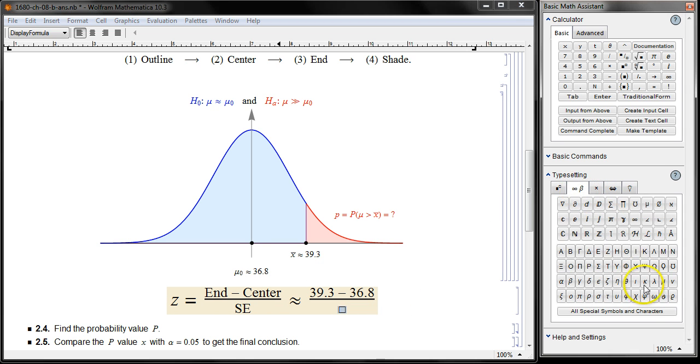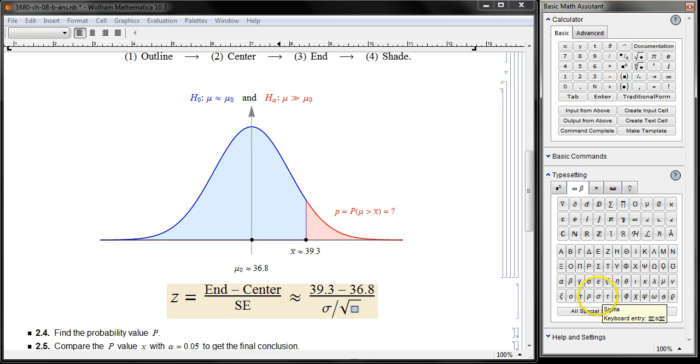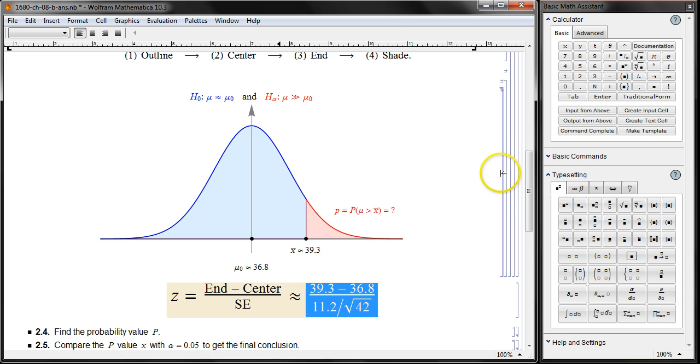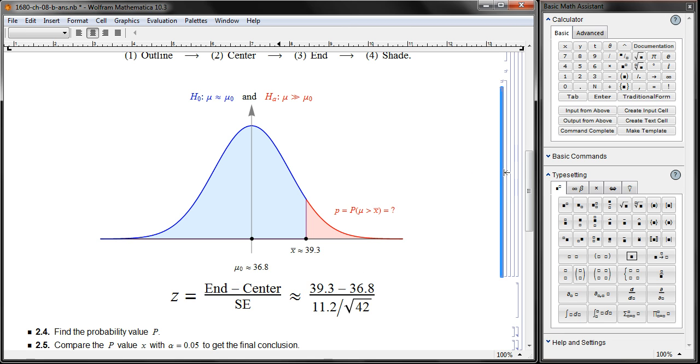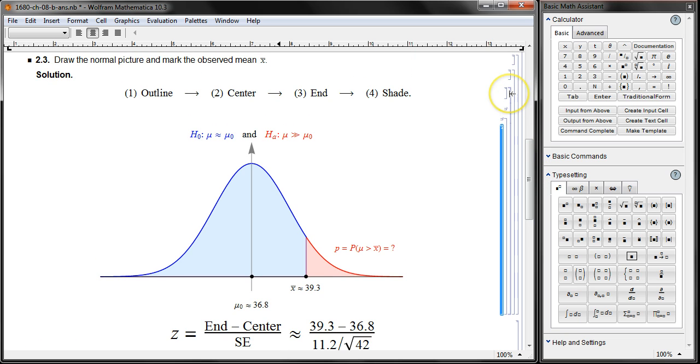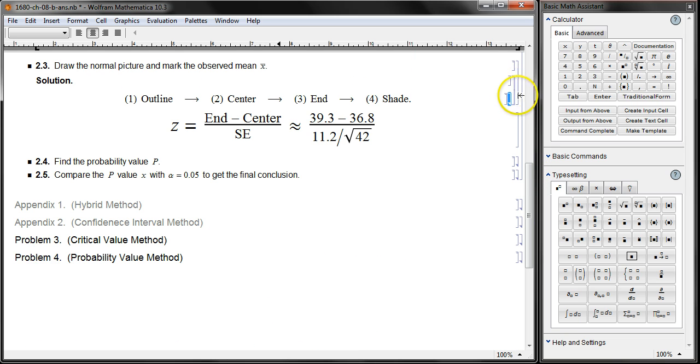It should be standard deviation over square root of n, where n is the sample size. This is therefore 11.2 over square root of 42. And you can run your calculator to find out the z-score. Based upon this z-score, you can look up your z-table and get an estimation of this probability p. Once you find out that p, then you can go ahead with the comparison.